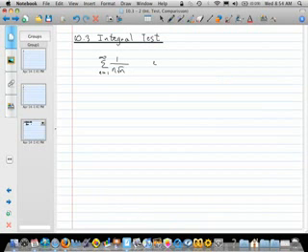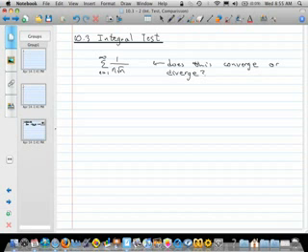One of the things that is important to make sure you understand is that when we're asking if this series converges, I'm not asking if the terms get smaller and smaller.